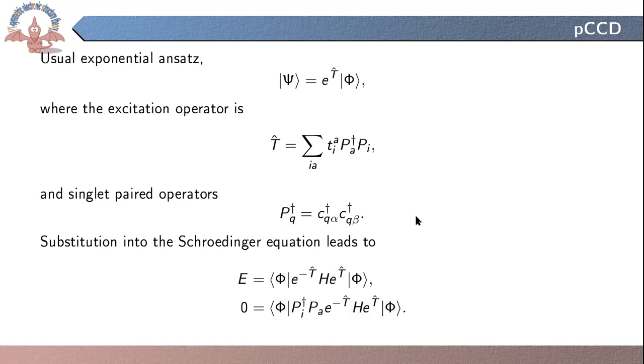And then you perform as usual, you project that onto your reference and your doubly excited space, and you have an equation for the energy and an equation for the cluster amplitudes that you have to solve for, the T amplitudes.